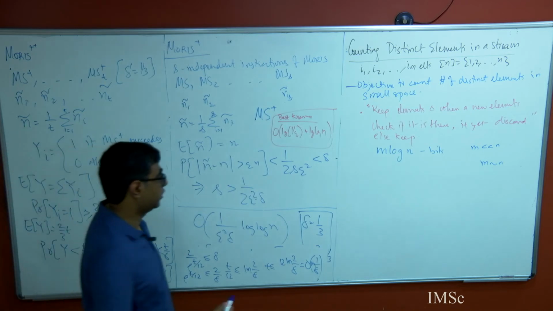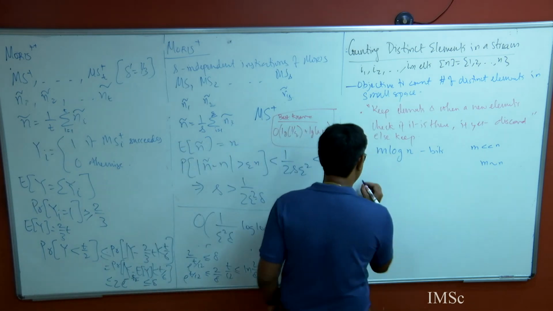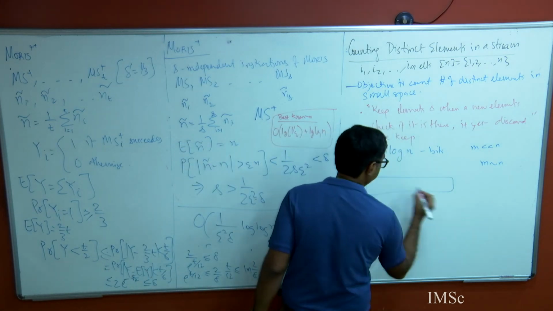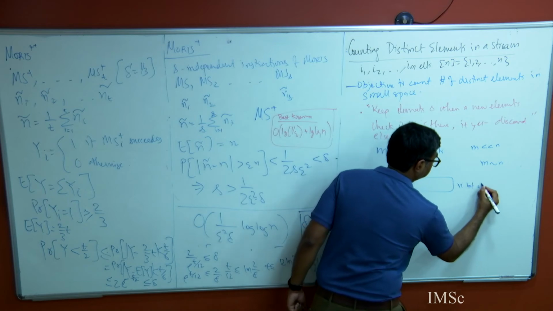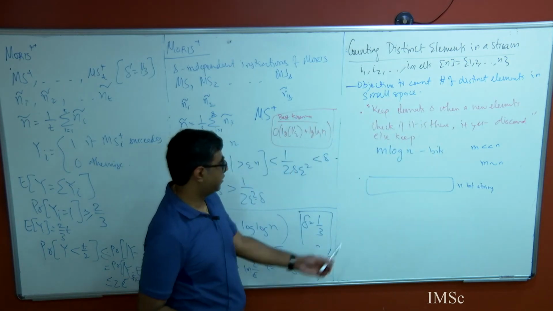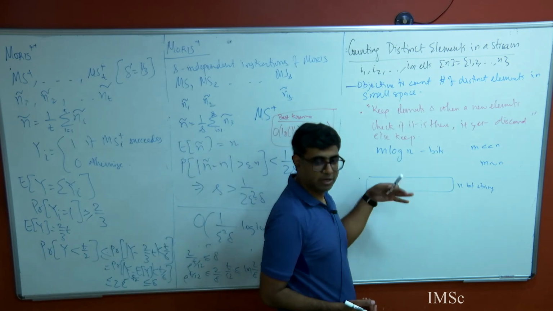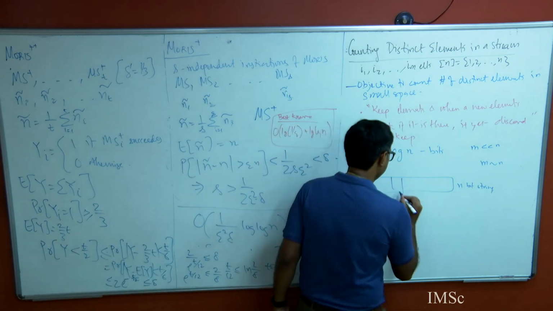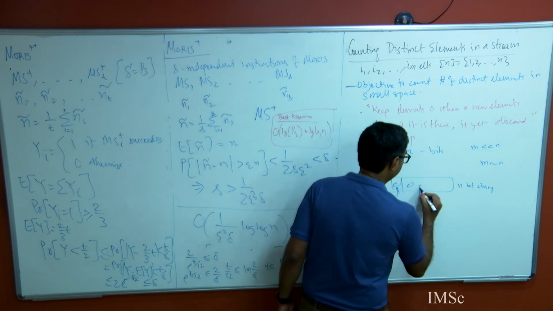Okay, so another solution, as he says, is that you keep an n-bit string. All are 0 in the beginning.